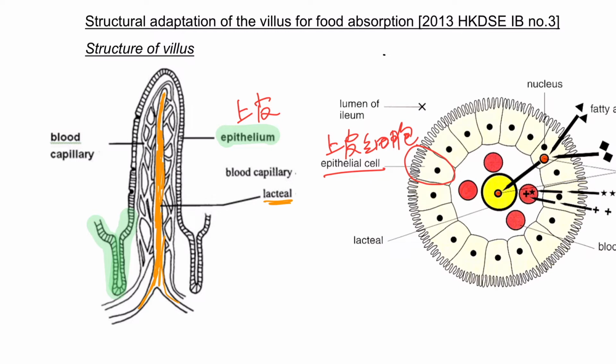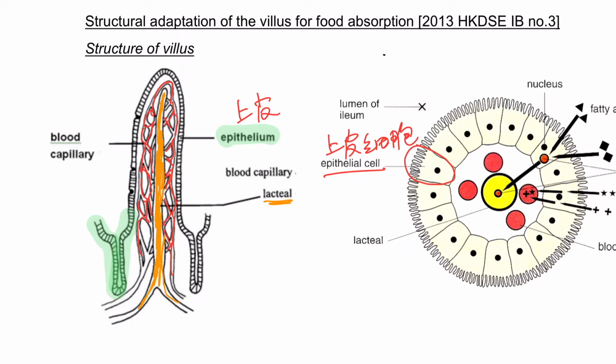Surrounding this lacteal are blood capillaries. So the villus is rich in blood supply, and the reason for this is that the food can be readily absorbed into the blood and be carried away very quickly.